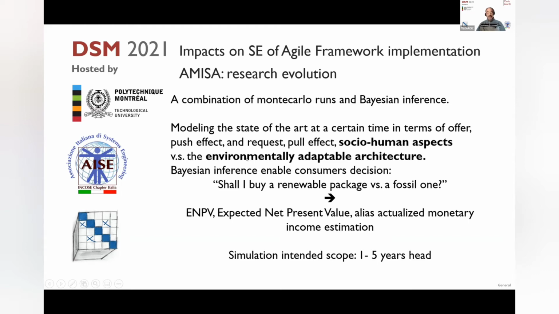This means that I work in the liquid food packaging area, and obviously we have already been thinking about and working on the environment, but in the last year there was an incredible acceleration. So it was possible to combine Monte Carlo simulation, DSMs, and Bayesian inference to forecast the expected value based on the question that every consumer, and all of us are consumers, shall pose: shall I buy a renewable zero impact package versus an old one?